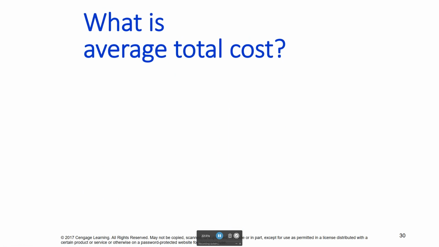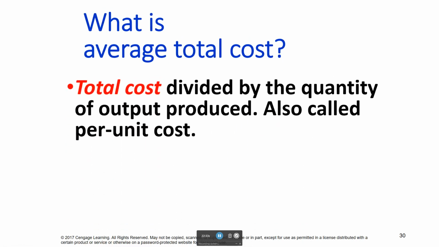Now, average total cost is total cost divided by the quantity of output produced, also called the per unit cost. So here, I produced 4 pizzas. I had $1,000 in fixed costs plus $10 in variable cost. If you divide $1,010 by 4, you will get $252.50.